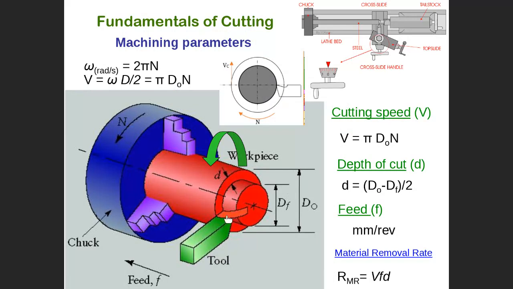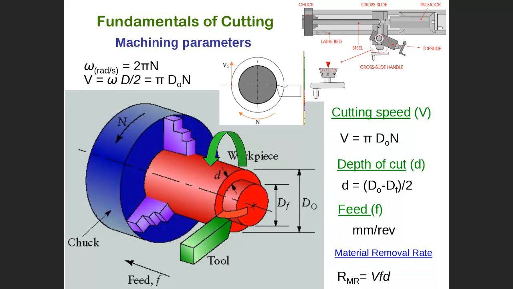Cutting speed is obtained, as I told you, from the rotation of the workpiece. Rotation of the workpiece delivers the cutting speed. Cutting speed is equal to pi d, where d is the diameter. Here v is a velocity, a linear velocity. Let me highlight it.